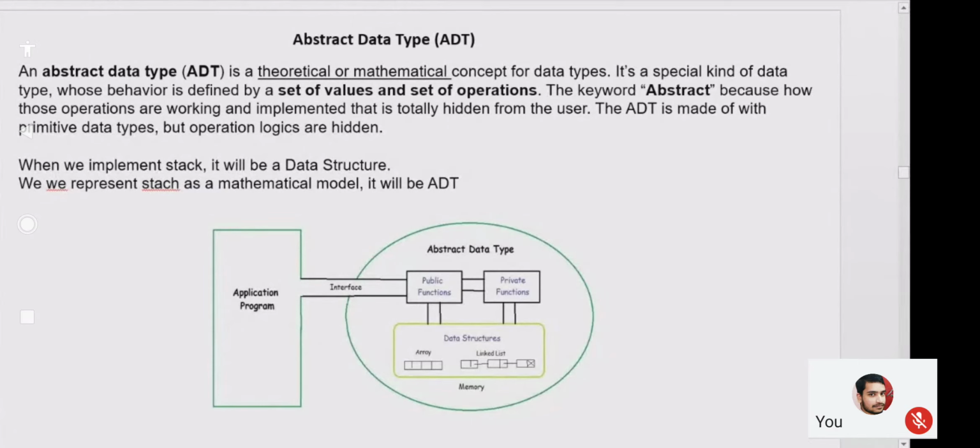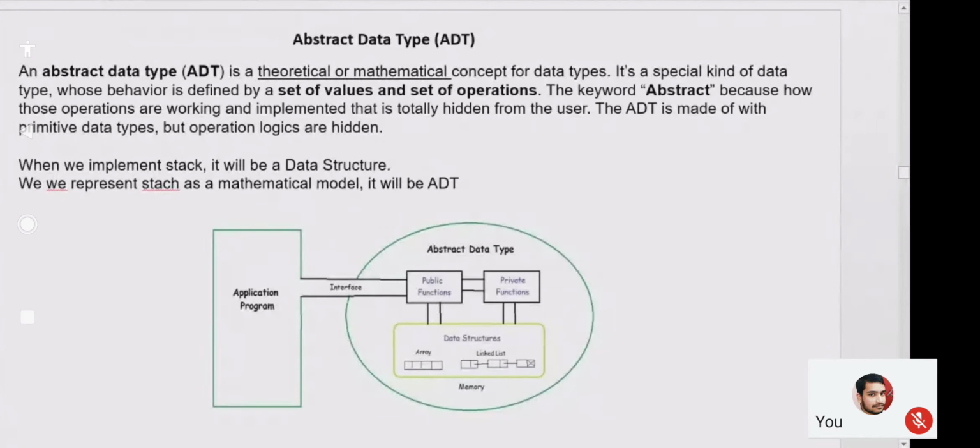And number two, what are the operations that we can perform on integer data type? Addition, subtraction, multiplication, division, modulo. Now, you don't have to implement these, because these are all already implemented.